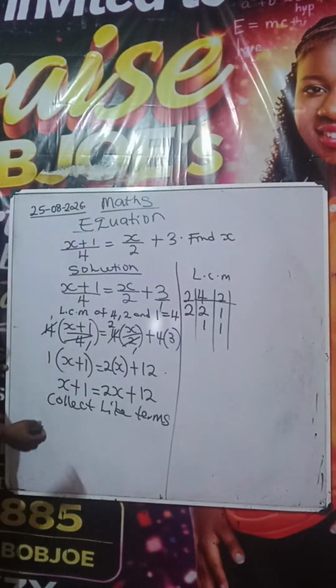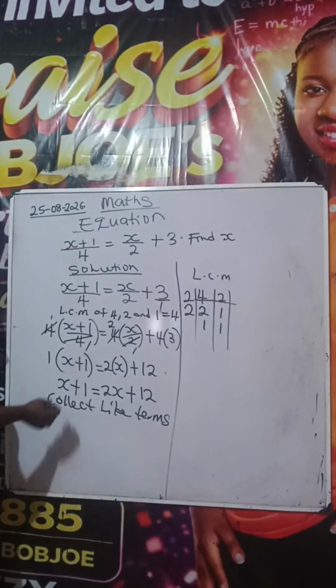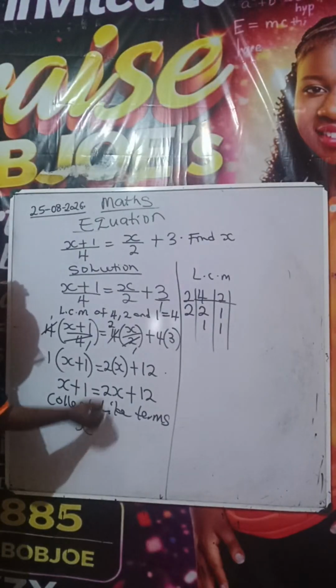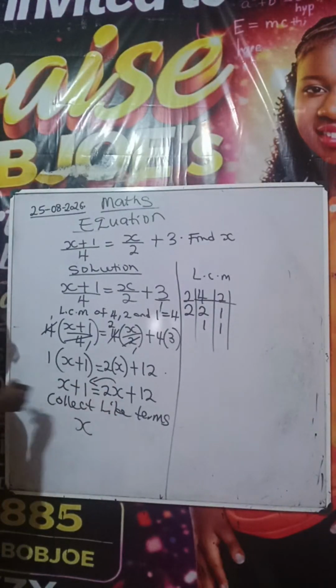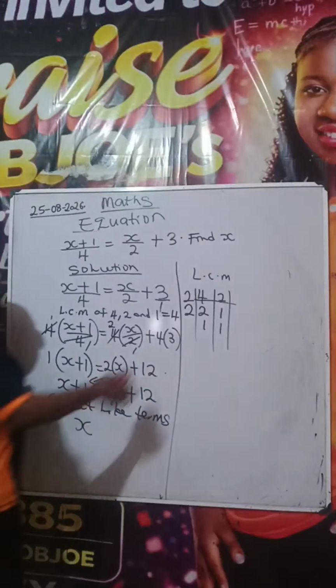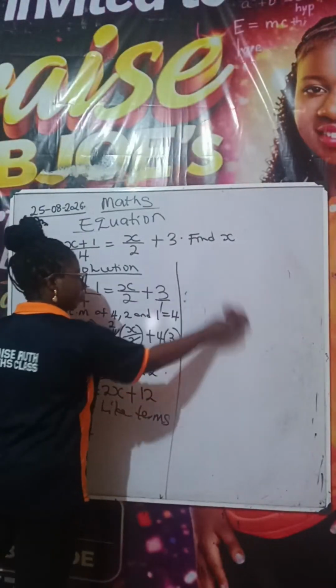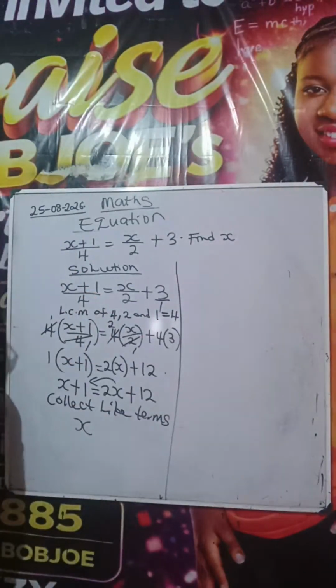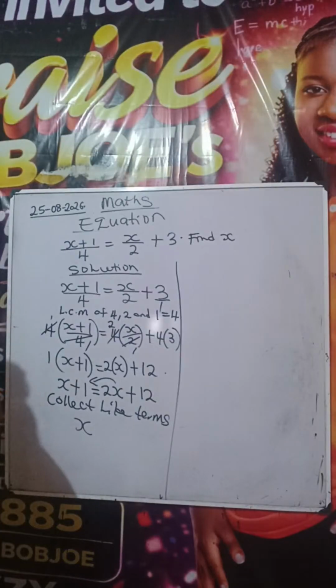So now you see that in this place, I have x. I'm bringing the 2x to this place. If I bring the 2x to the left, will it be plus or minus? The 2x is going to the left side, so will it be plus or minus? Minus, correct.